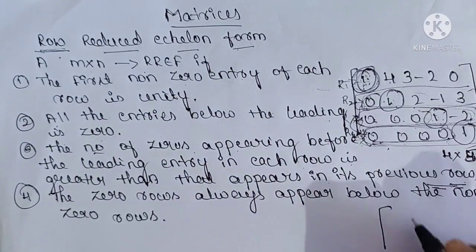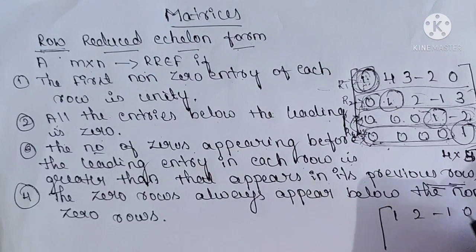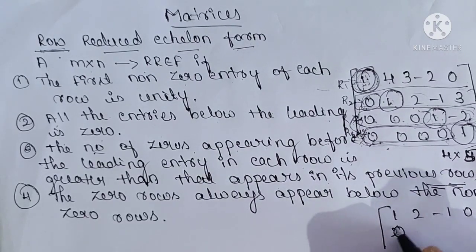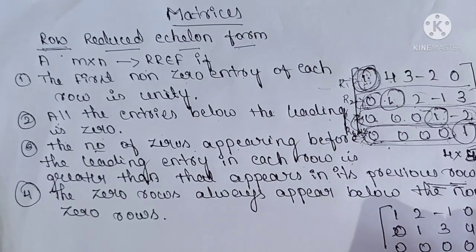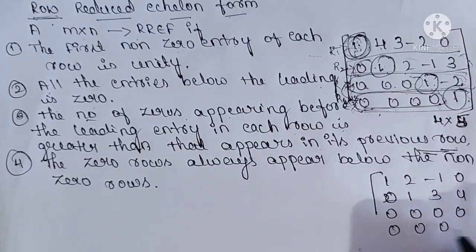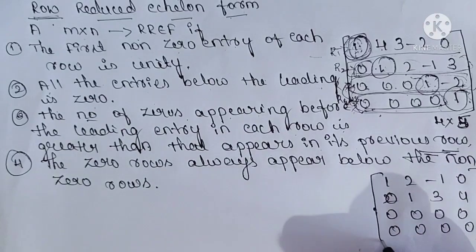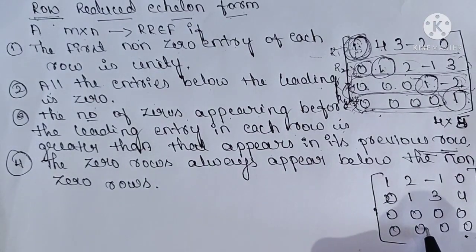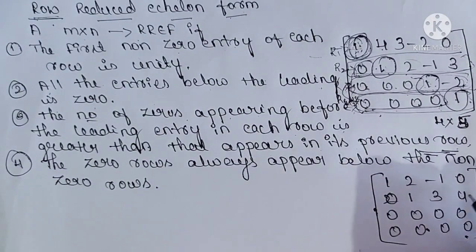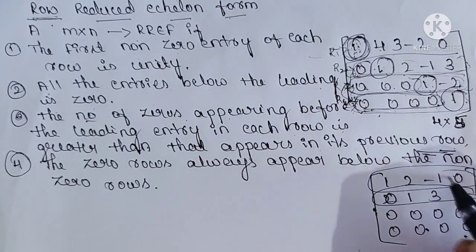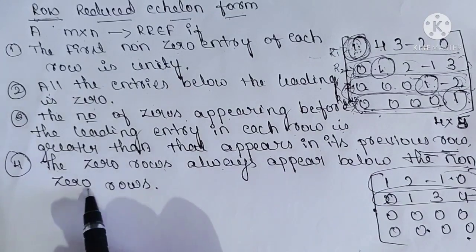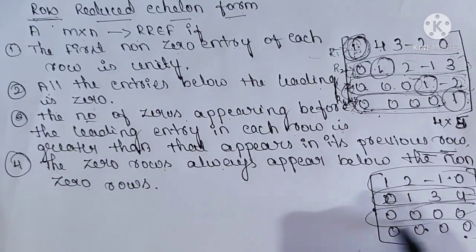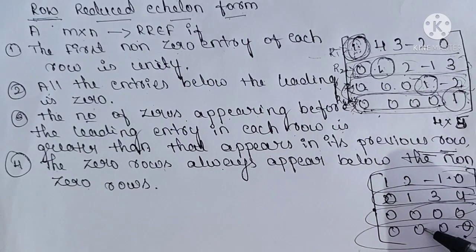For example, 1 2 minus 1, 0 2 0, 1 3 4, 0 0 0, 0 0 0. Okay, we can reduce to this form also. You can observe in this form, see, this is a non-zero row, this is also a non-zero row. The zero rows always appear below the non-zero rows. See, these two are zero rows. Always zero rows appear below the non-zero rows.